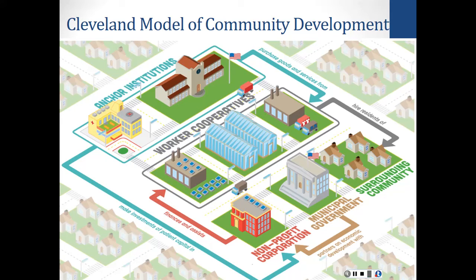In this example for the Cleveland model, it has an anchor institution. In this situation, the anchor institution is the Cleveland Clinic. So that is your next lecture quiz question. Cleveland Clinic is the anchor institution, and it has a stake in the community.